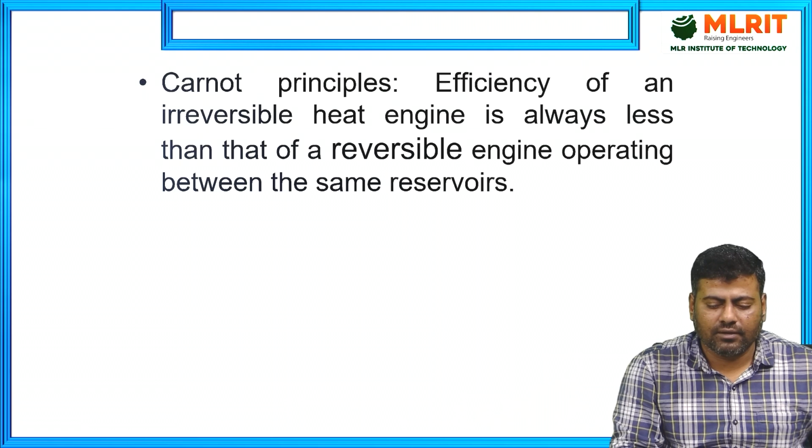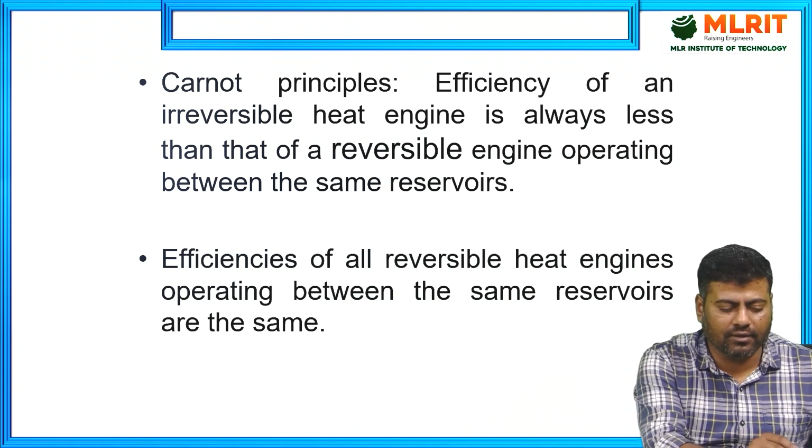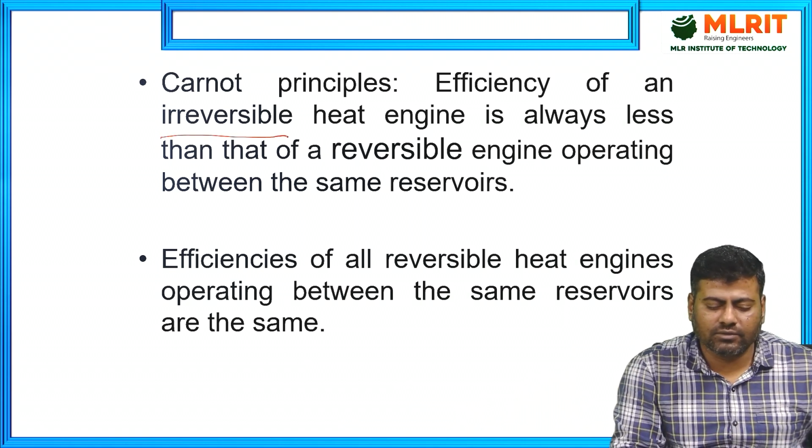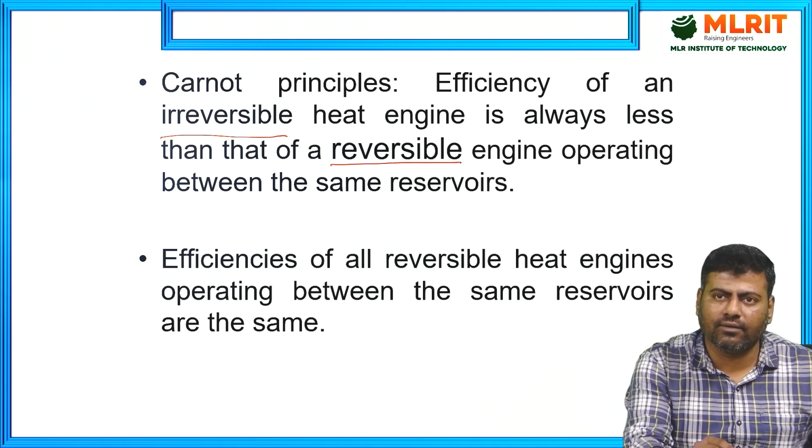The efficiency of an irreversible heat engine, that is, the actual, practical case, is always less than that of a reversible engine. A reversible engine is the ideal one, the theoretical one.